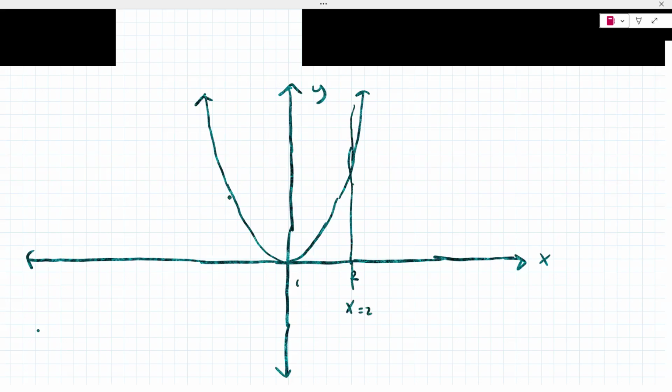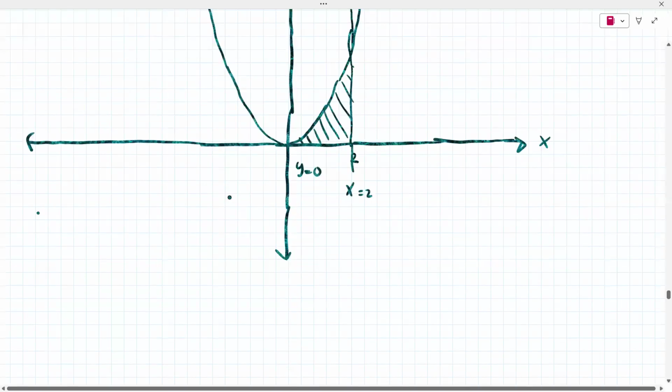And y equals 0 is like this. So we have to be in terms of y, dy.